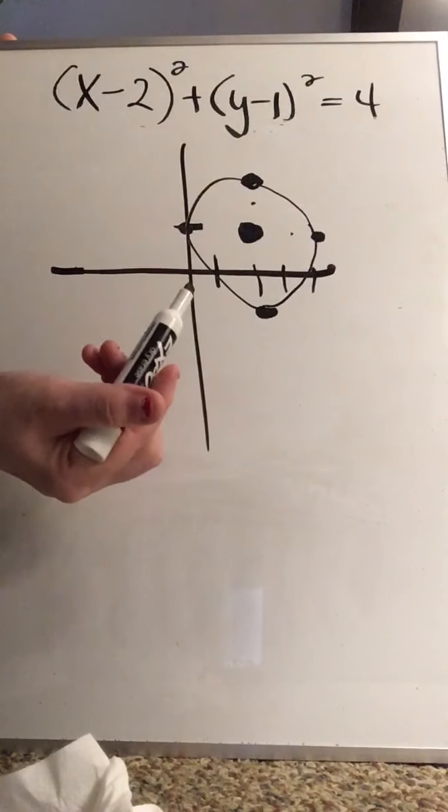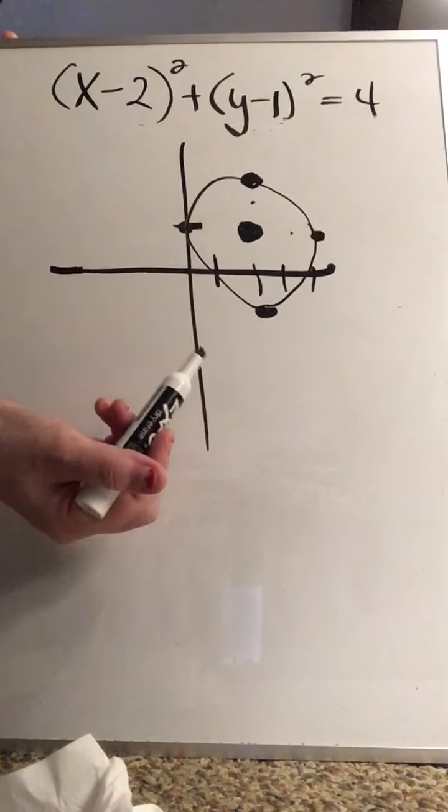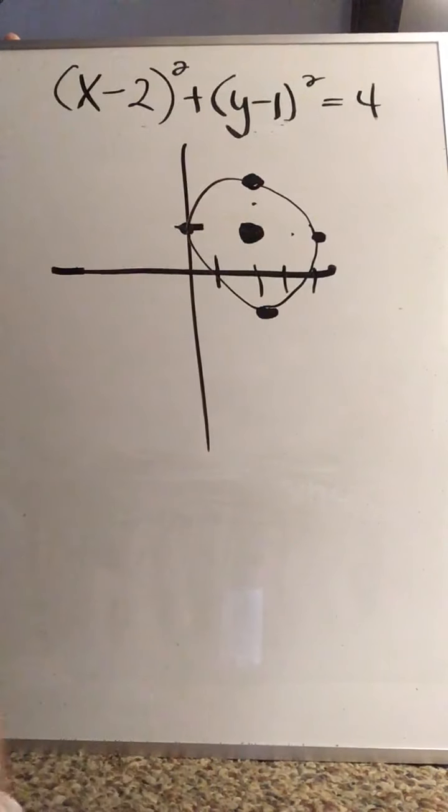Okay, so now I'm going to give you an example of a picture of a circle, and we're going to identify the center and the radius.